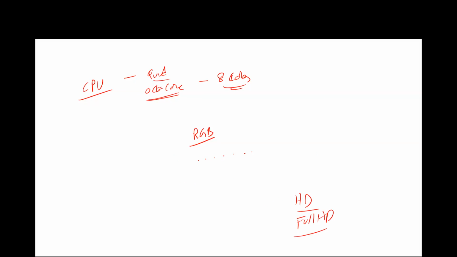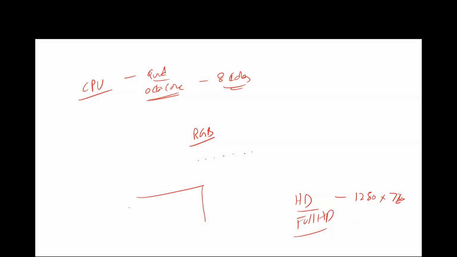If I speak about HD resolution, it's 1280 by 720, so it means 1280 dots horizontally, 720 dots vertically.